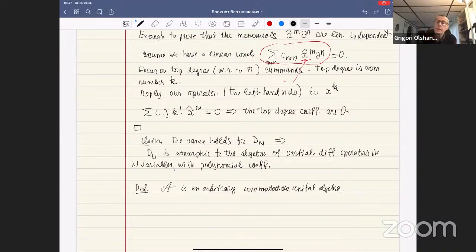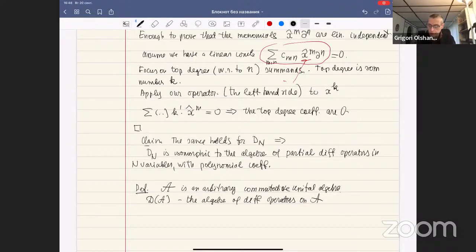In my example, A was the algebra of polynomials, but assume it's an arbitrary unital commutative algebra, then we can define the algebra of differential operators on A.